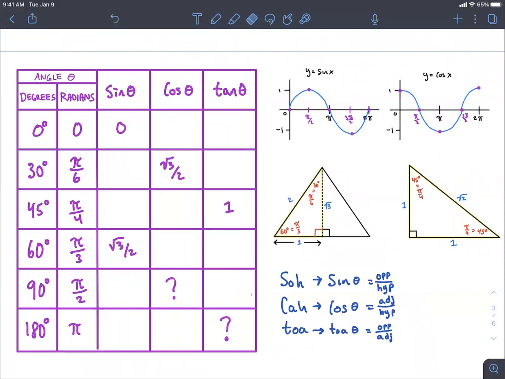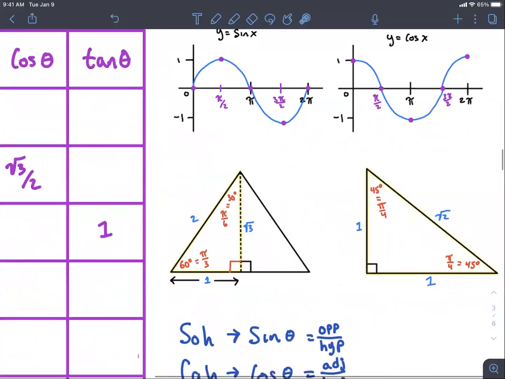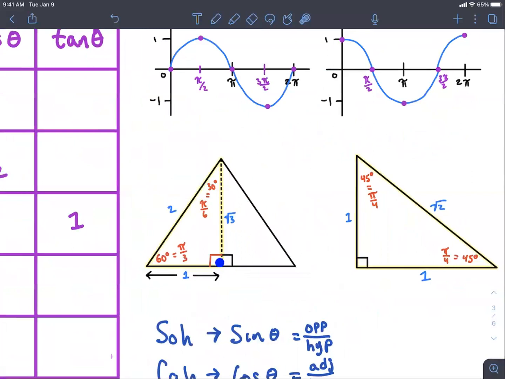The next question mark down there would be the cosine of pi over 2. Now, this is an interesting thing here because pi over 2 is this 90-degree angle, but you can't use the triangles down here to define what I'm trying to do. Cosine is defined as adjacent over hypotenuse, but there are 2 adjacents.